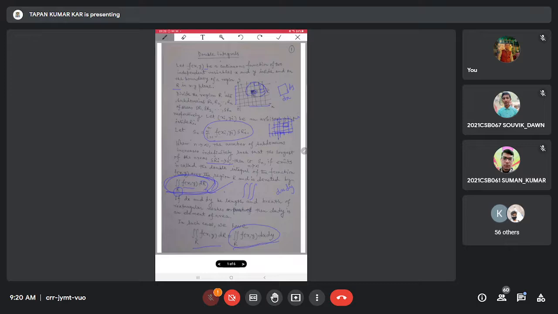And dR is written here as dx dy, because it is considered in the xy plane. If a general sub-region has thickness dx and height dy, then dR equals dx dy. So finally you arrive at this integral over R of f(x,y) dx dy.